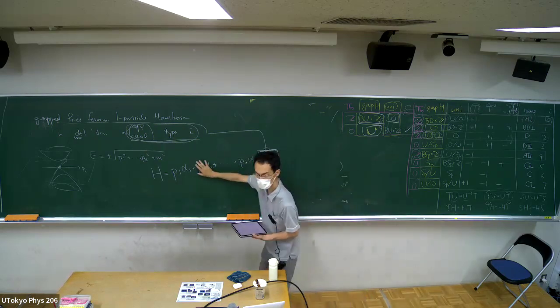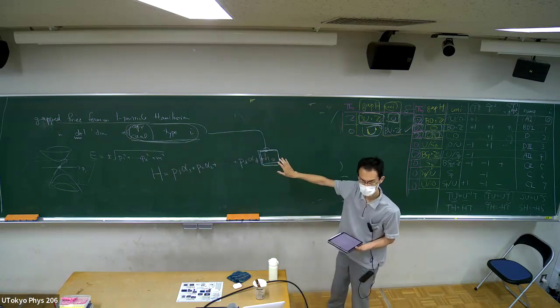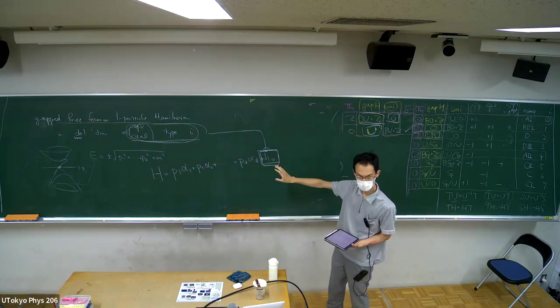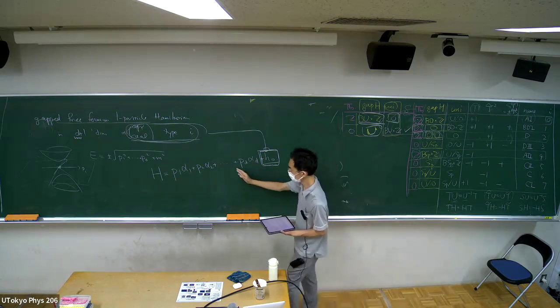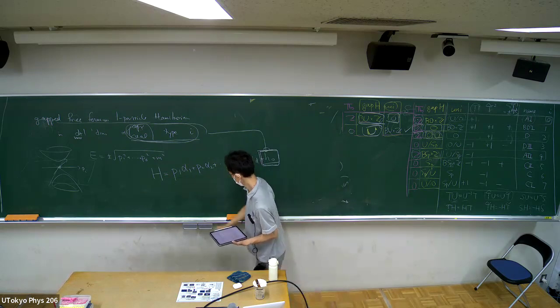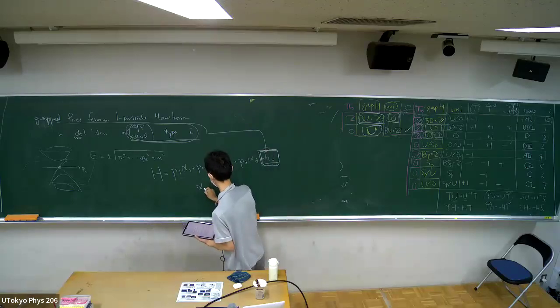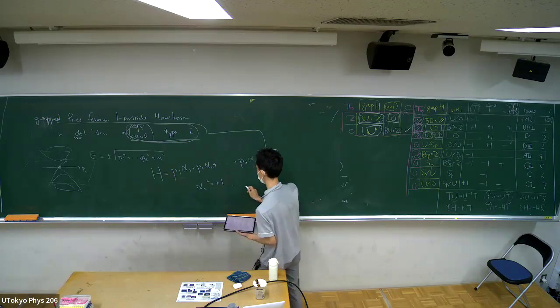So if D is 0, this is just the classification problem we just discussed in dimension 0 plus 1. Now we are adding Dirac type Hamiltonian. So alpha I squared equals 1.